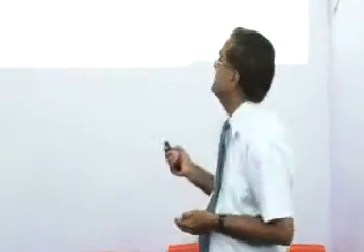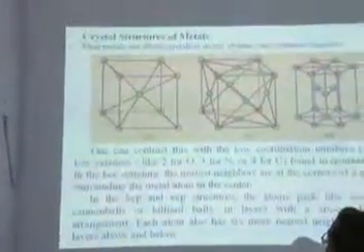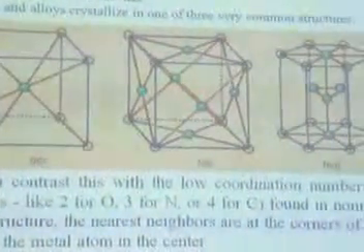Having low valences like 2 for oxygen, 3 for nitrogen, or 4 for carbon is found as non-metals. In the BCC structure, the nearest neighbors, one can see from the figure, are at the corner of the cube, which is surrounding the metal atom in the center. One can see here the atoms are arranged at the faces.